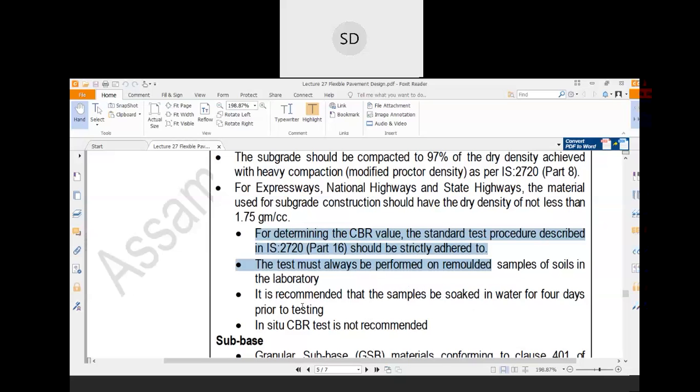One is the soaked CBR test and the other is the unsoaked CBR test. The soaked CBR test is performed where the area is under a heavy rainfall zone. And for dry or arid regions, the CBR test you have to conduct is the unsoaked CBR test.